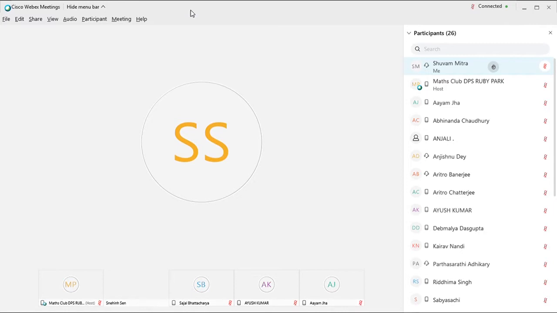Okay then. A possible proof using the weighted AM-GM inequality would be as follows. Wait a second, I will share my screen.